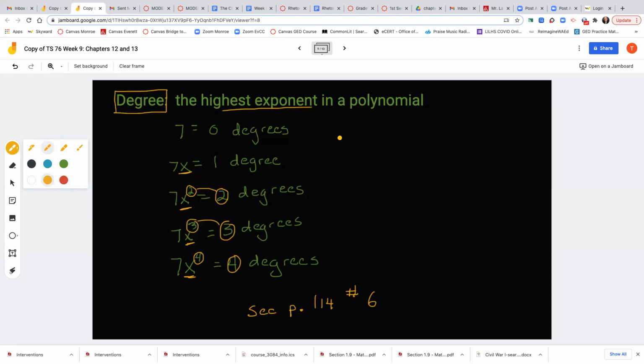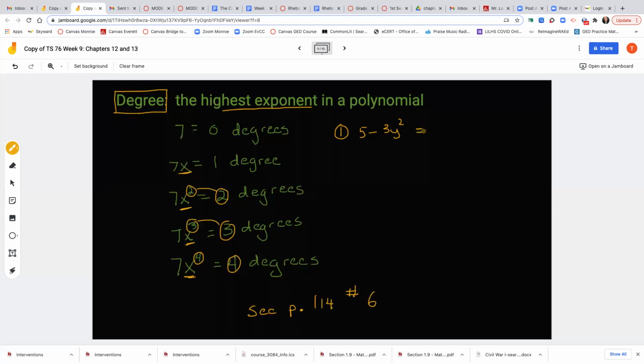Okay. If I have this practice problem here, you can write this in your notes as well. I've got 5 minus 3y squared. Okay. All right. Now, first thing I want you to do is think about this. What type of polynomial is this? Is this a monomial, binomial, or a trinomial?